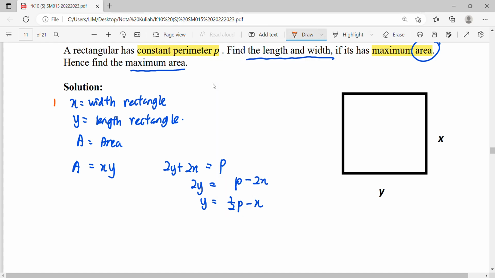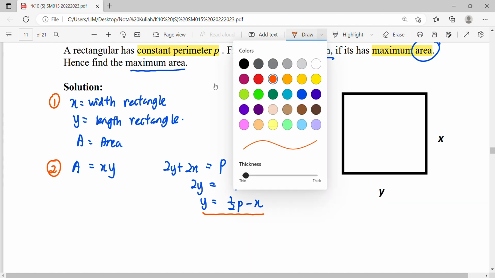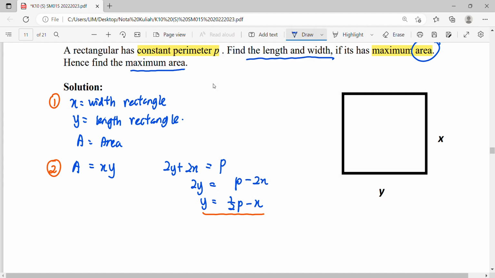Once we know that y equals 1/2 p minus x, we can substitute into our formula. So our area will be x times (1/2 p minus x). We obtain the formula in a single variable.